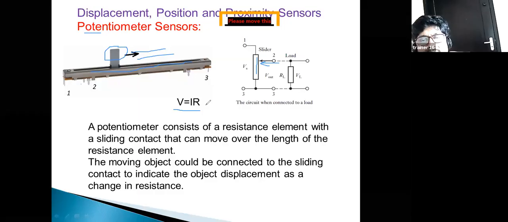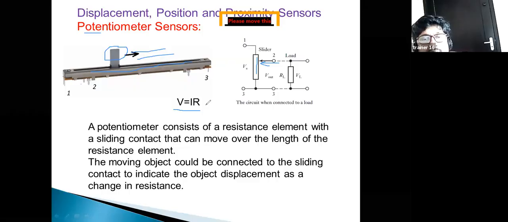That is, V is proportional to R. If the resistance changes, voltage changes. The resistance changes by moving the slider on the resistance element, and thereby it leads to a change in the voltage. Anybody can tell the application for this in the chat box.